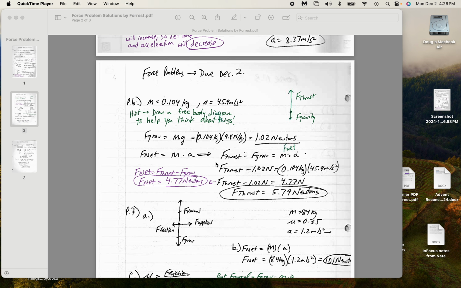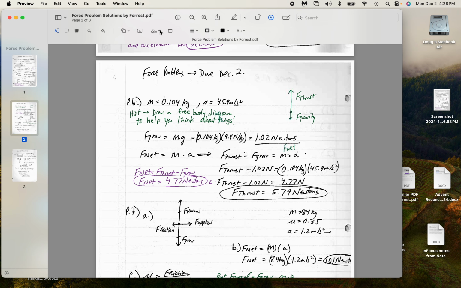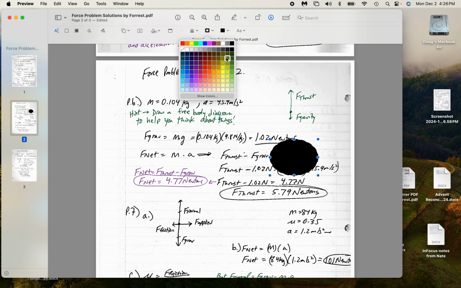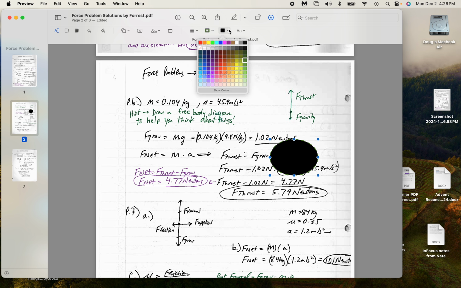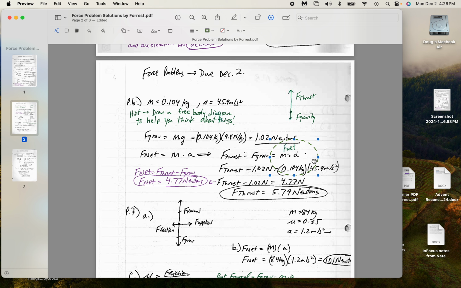However, that net force is going to equal thrust minus the gravitational force. So essentially, that is m times a, right there. Maybe I should point that out. We will make that green, that clear, and that a solid line.